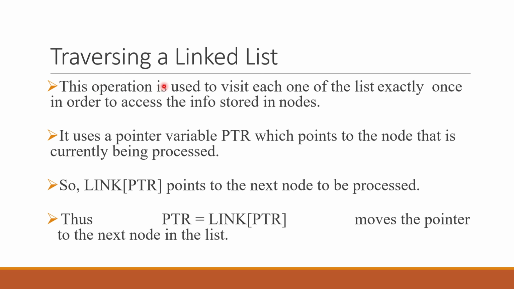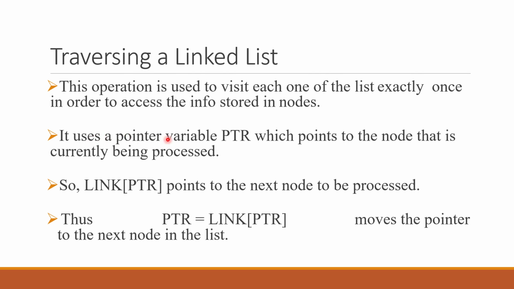Now we will discuss a few algorithms or operations that we can perform on a singly linked list. First of all is traversing a linked list. How can we traverse a linked list? This operation is used to visit each node of the list exactly once in order to access the information stored in the nodes.